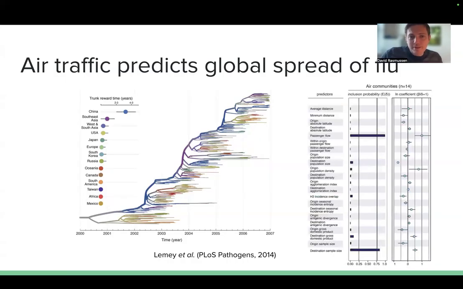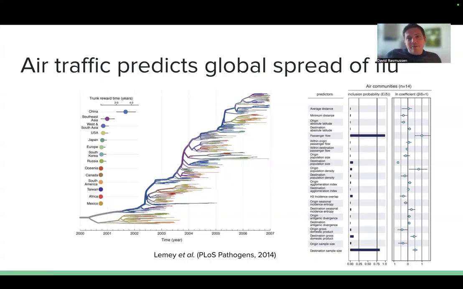And what they found, not so surprisingly in hindsight, is that the best predictor of the migration rate of a given lineage of flu between two different locations is basically how much passenger air traffic flow there is between those two locations. So this makes sense, if you think about there being two airports that are hubs, say like Atlanta and Frankfurt.